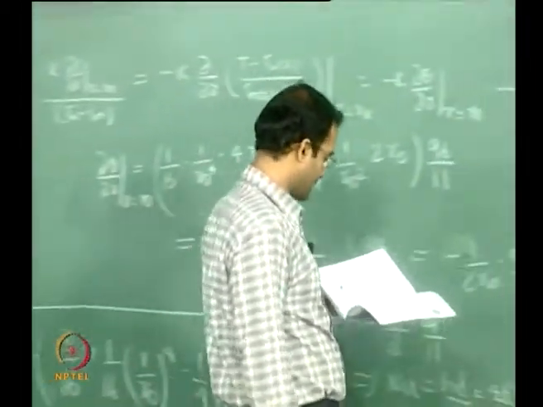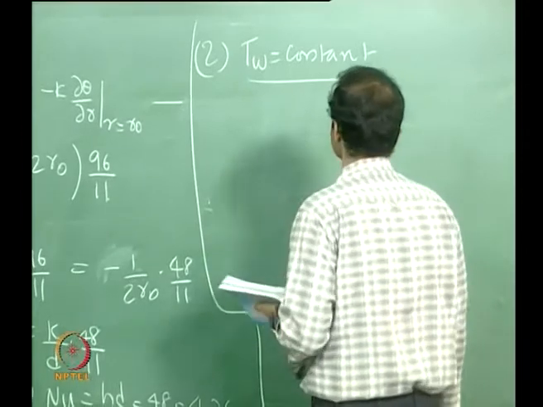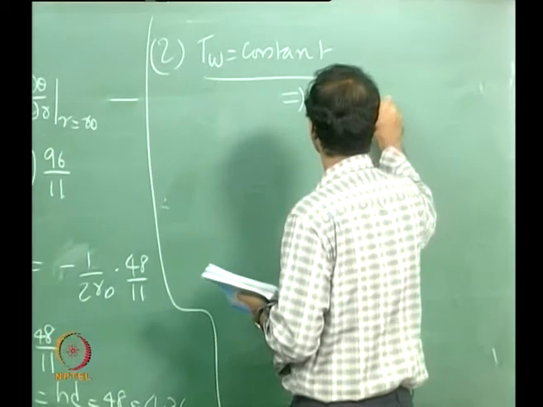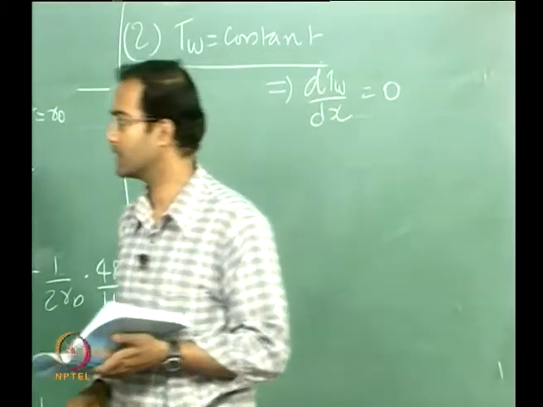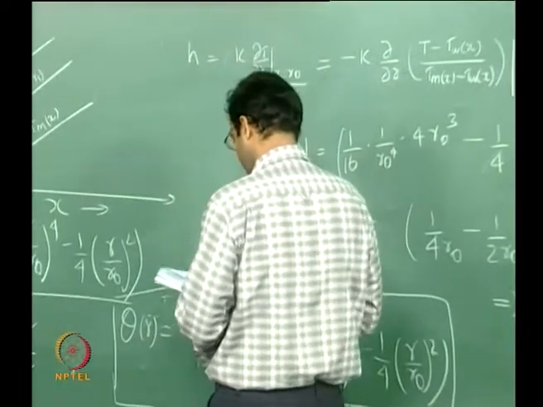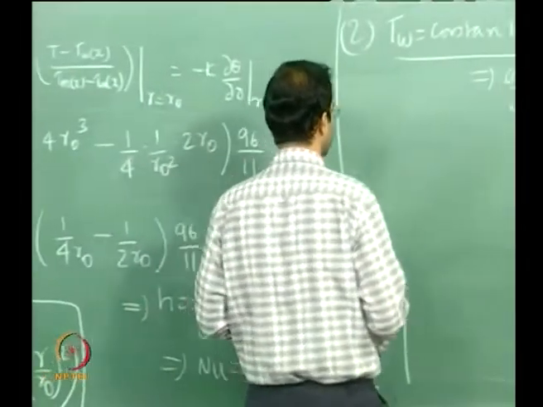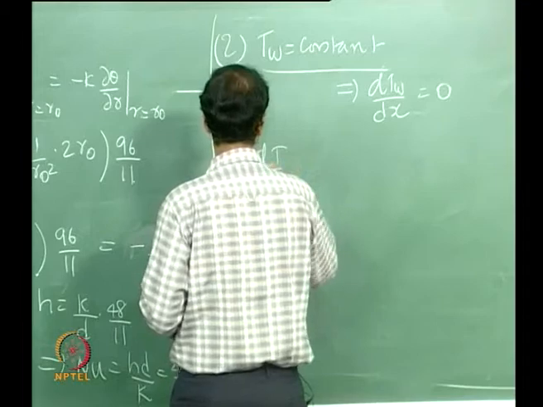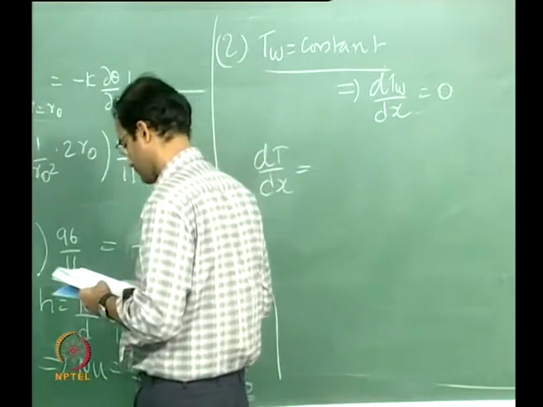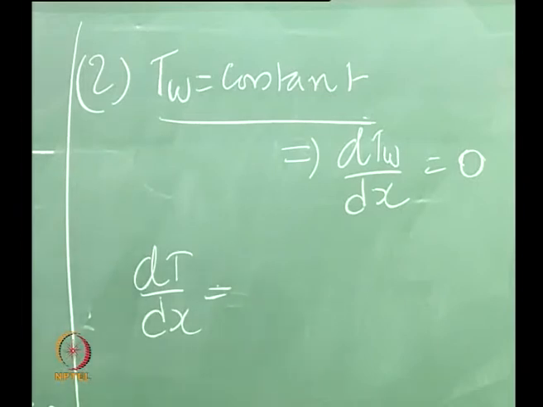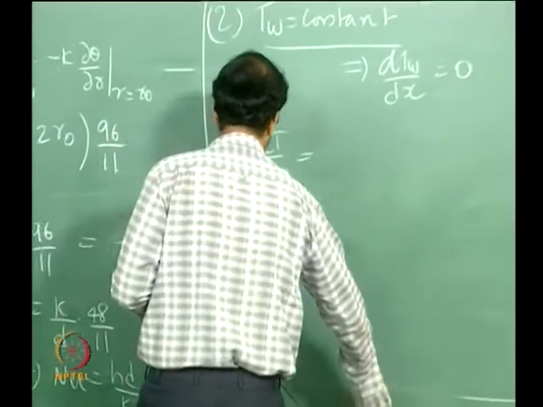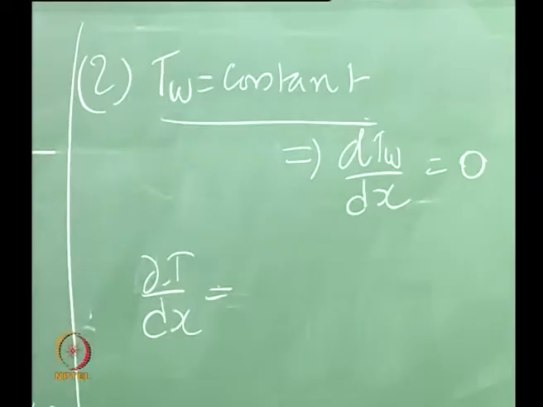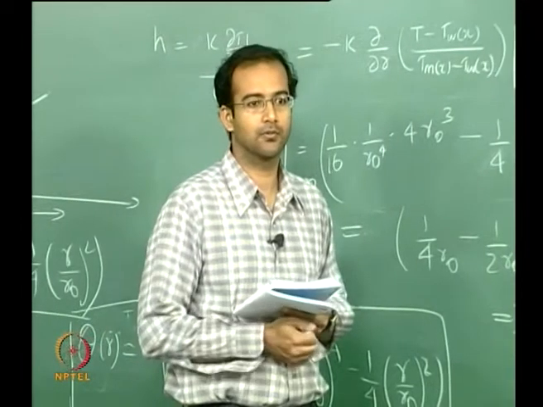Now when you look at constant wall temperature, what this means is dT wall by dx is 0, correct. So now let us go back to our equation for dT by dx and substitute this expression. What do you get? Yes, this will be a partial derivative, you are right. I want all of you to participate.